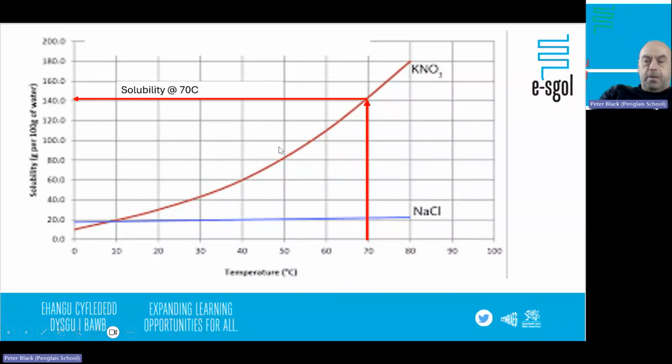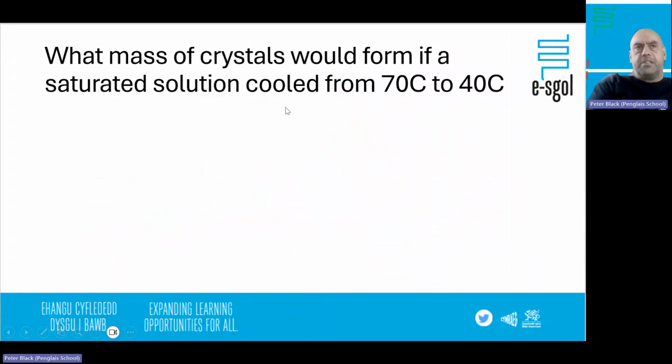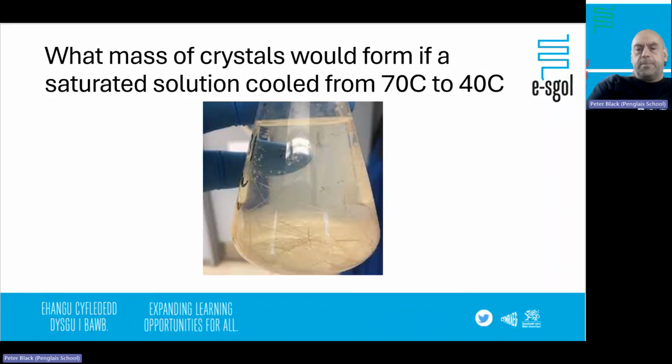Okay, so another thing that you might be asked to do with a solubility curve, and this is one that people quite often struggle with, is to predict the mass of crystals that would form if a saturated solution cools down from one temperature to a lower temperature. The thing about a saturated solution is it can dissolve a certain amount of salt at that temperature, but can't dissolve any more.